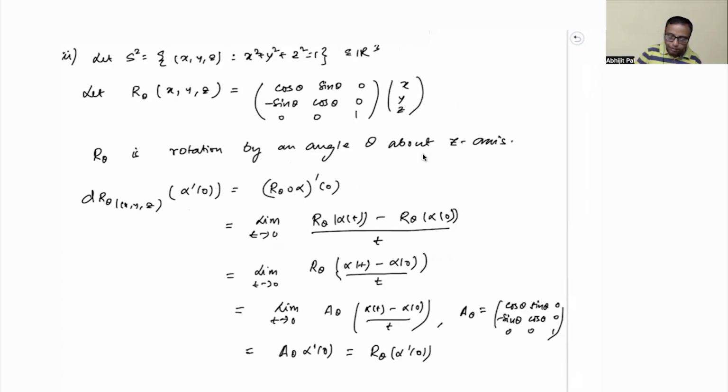Okay, so in fact, if I take any linear map, observe that. So if T from R3 to R3, or in fact, let us take R2 to R2, be a linear map.